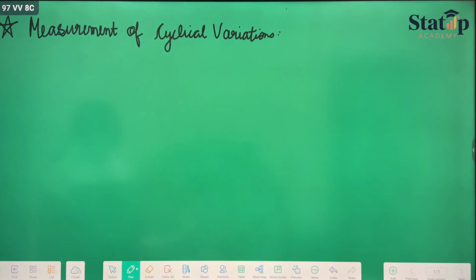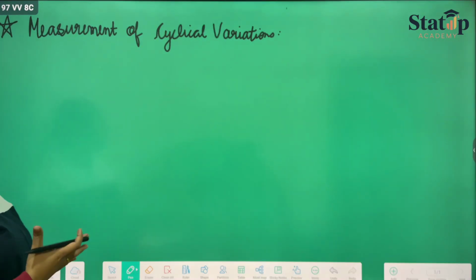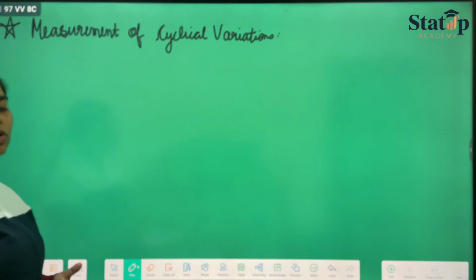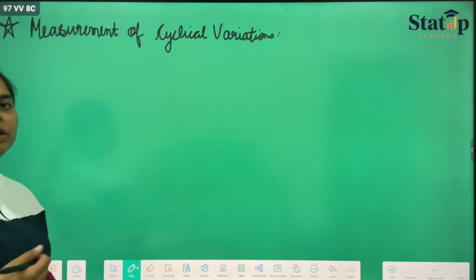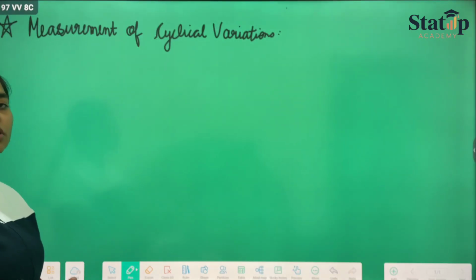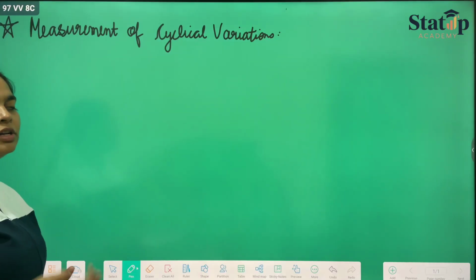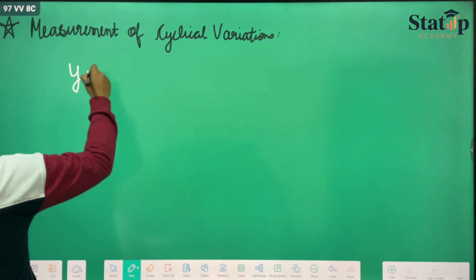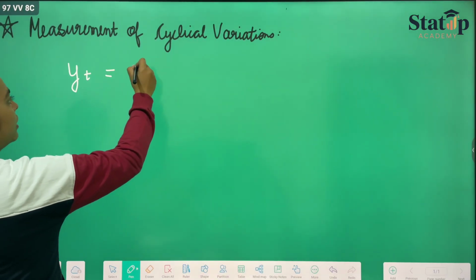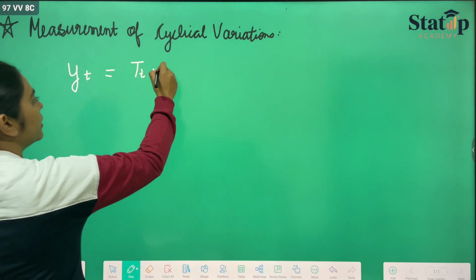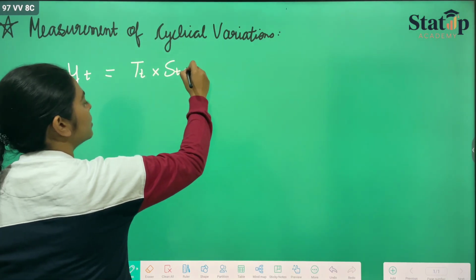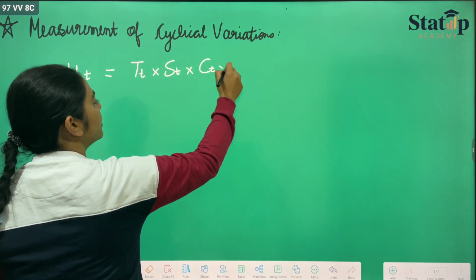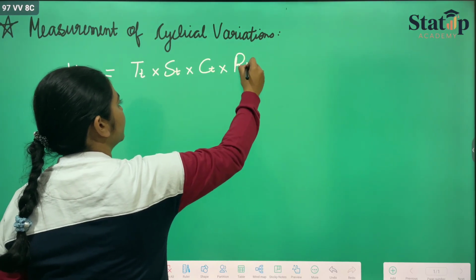So we have found out trend and then seasonal component. Now we are only left with our model, which only has cyclical variation and random component. Our original model was Yt. If we take the multiplicative model, it was trend into seasonal into cyclical into random component.